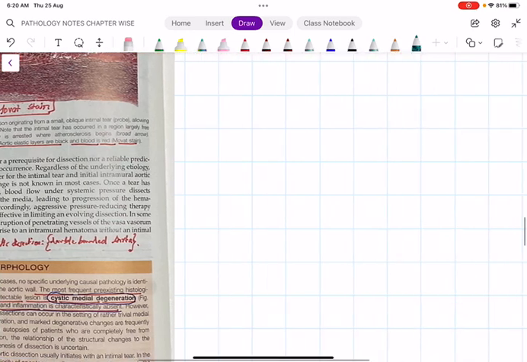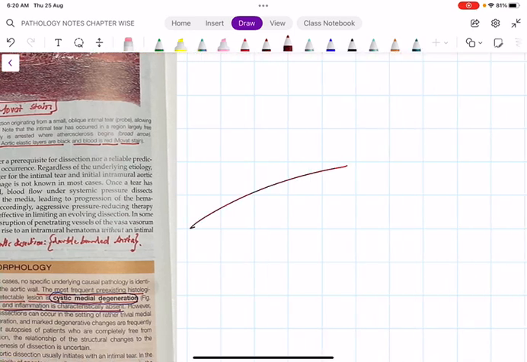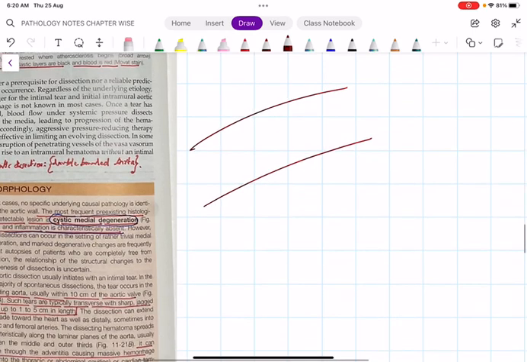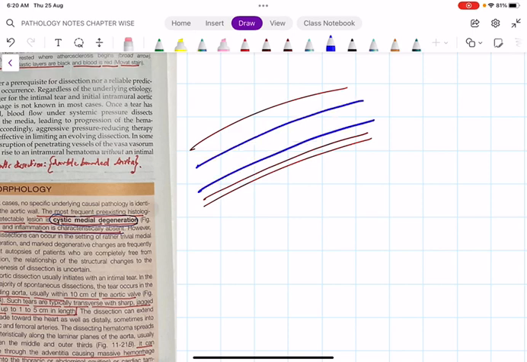For example, this is the aorta, so this is the blood vessel. This is the tunica intima. I am drawing the tunica media a bit in blue color. This is the tunica media. The blood will dissect through this tunica media and within it form another channel, or another column of blood.